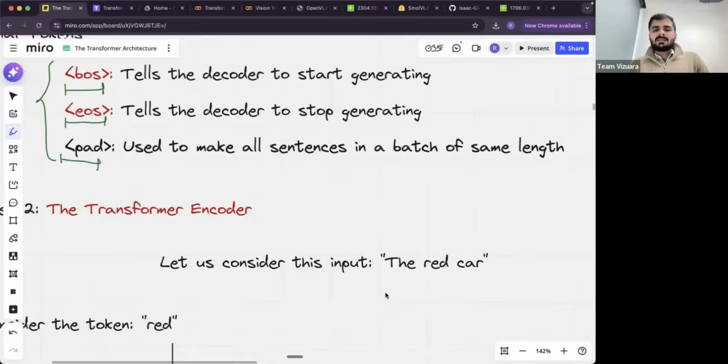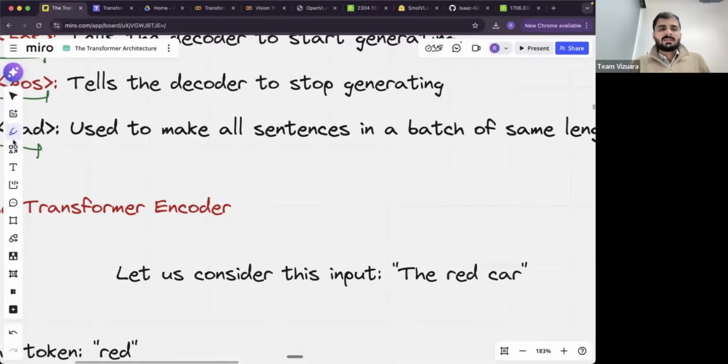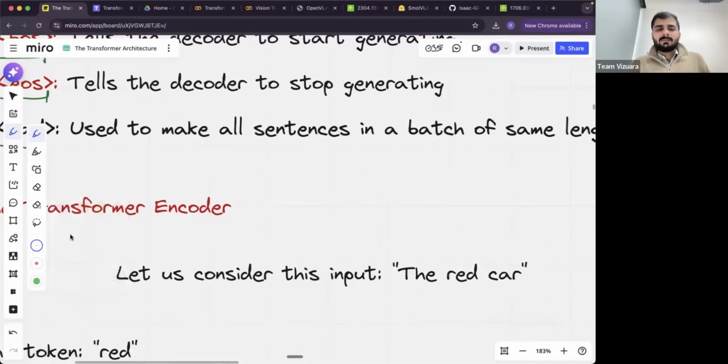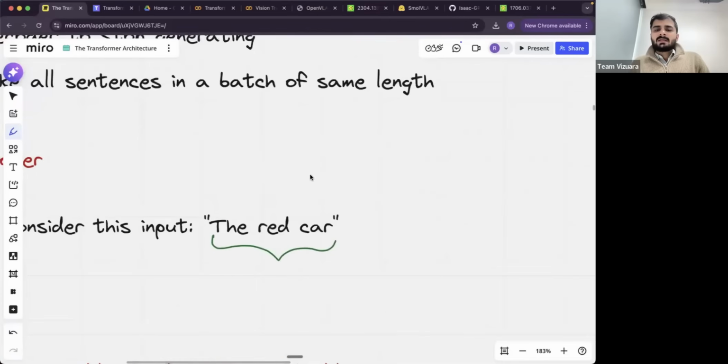Okay, so let us consider this input, which is the red car. Now, what happens in the encoder is very interesting. The first thing that happens in the encoder is that every single token or word, like let's say the, red or car, is converted to something called an embedding.